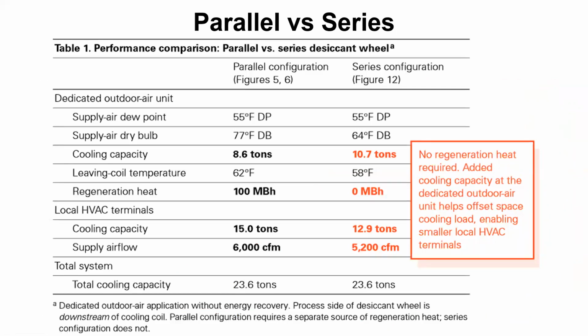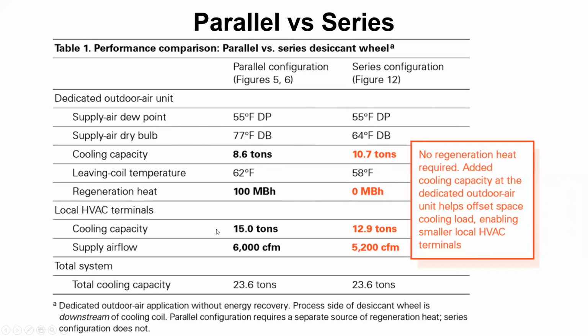This plot represents the comparison. I'm just checking, make sure I'm not going over the time. So this chart table compares the parallel configuration versus the series one, which I talked about last. We will see that in the series, we don't do the heating, but we need to provide more cooling.